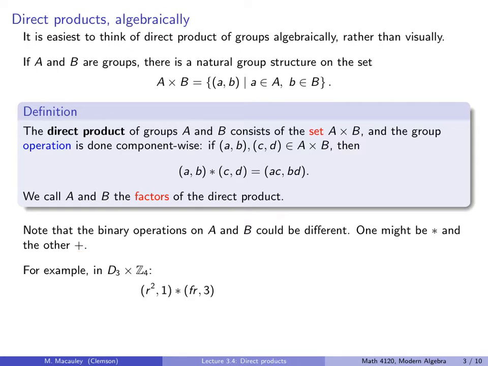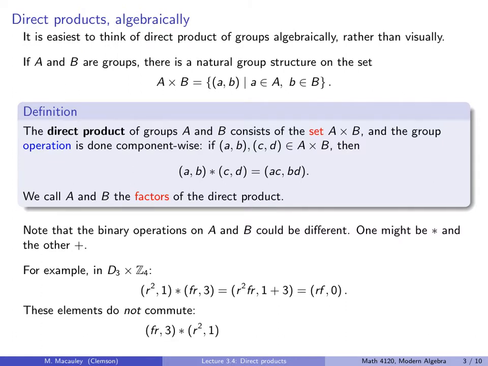For example, in the following direct product, D3 cross Z4, let's think about how you would multiply these two elements, (r squared, 1) and (fr, 3). You just multiply them component-wise, so this is r squared times fr, and then the operation in the second component is addition, so it's 1 plus 3, and that becomes (rf, 0).